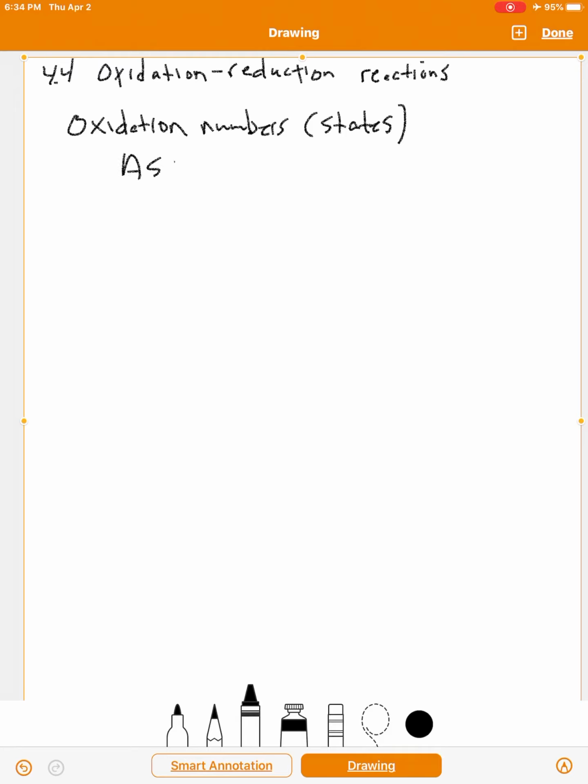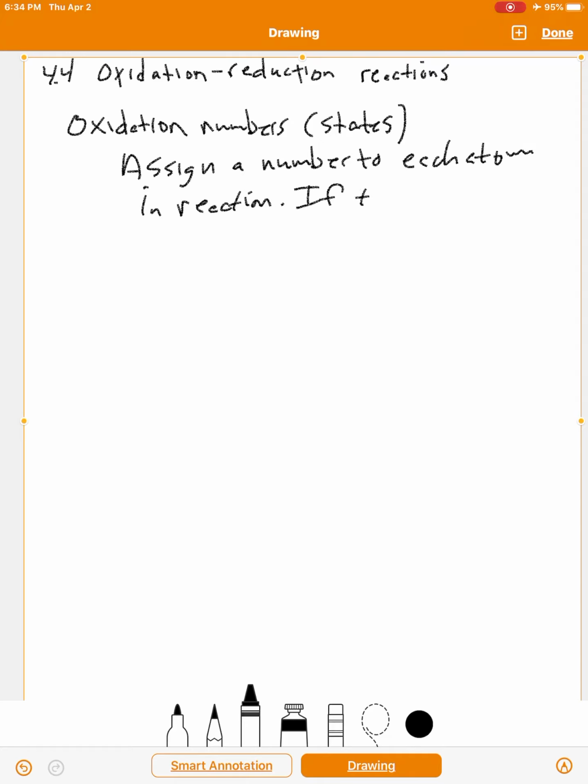We assign a number to each atom in the reaction, and that number is the oxidation number.